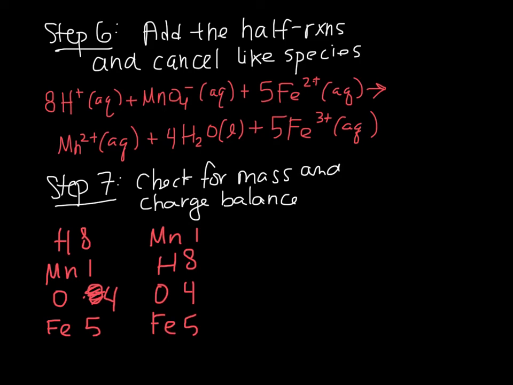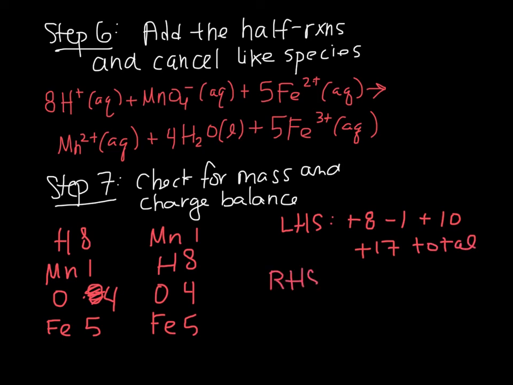Now we can look at charge. On the left hand side, our charge is +8 and -1 and then +10 from the iron here. And so that's a total of +17. And on the right hand side we have +2, and then we have +15 for again +17 total.